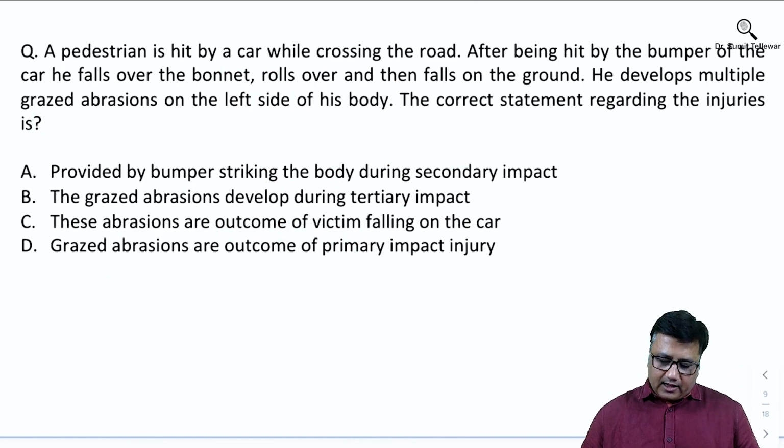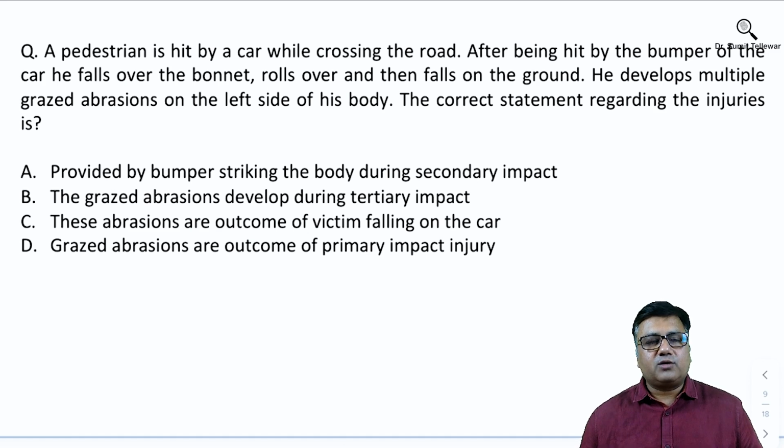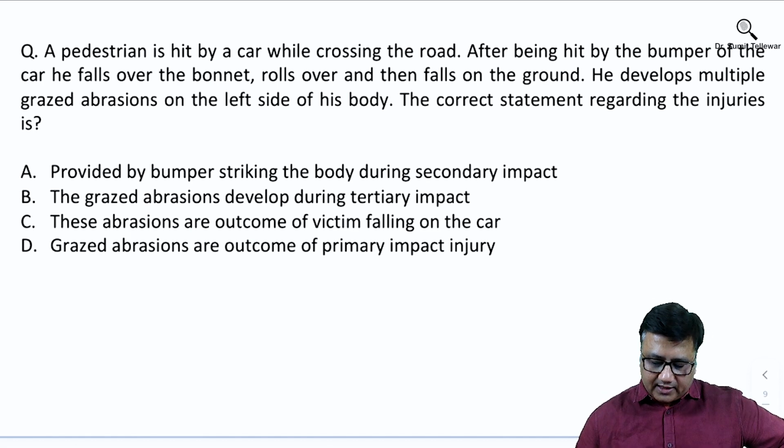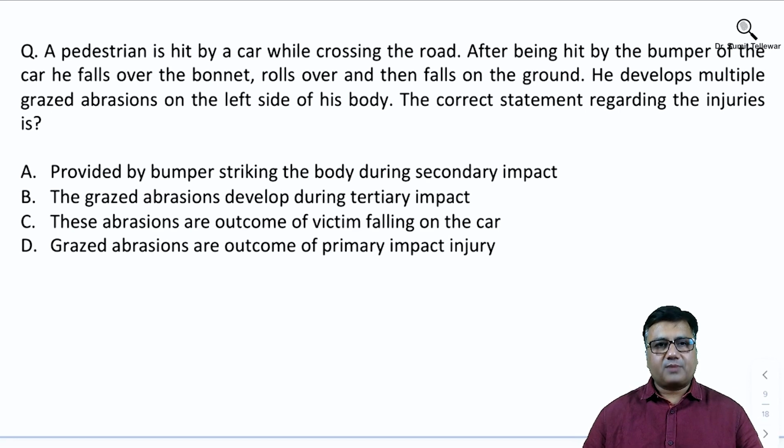Next question is, a pedestrian is hit by a car while crossing the road. After being hit by the bumper of the car, he falls over on the bonnet, rolls over, and then falls on the ground. He develops multiple grazed abrasions on the left side of his body.